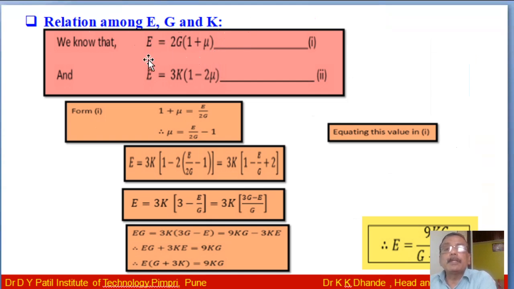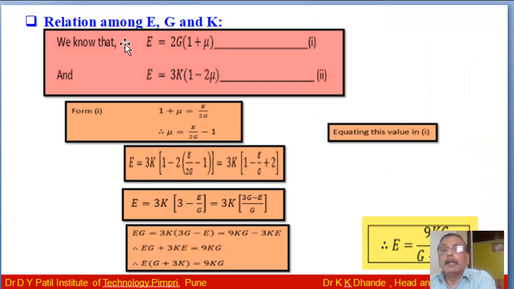First, the modulus of elasticity, capital E, is equal to twice G, or you may say C also, times bracket 1 plus mu. Here E is the modulus of elasticity, C or G indicates the modulus of rigidity, and mu is called Poisson's ratio.